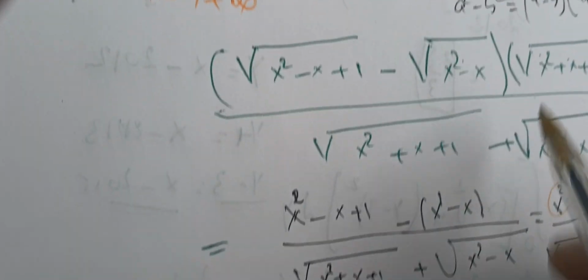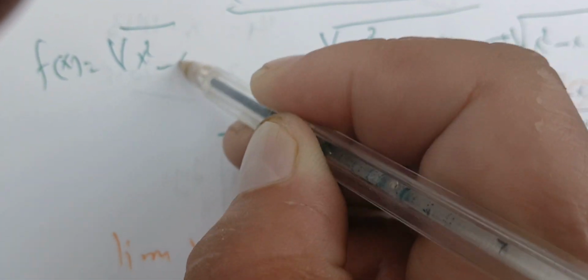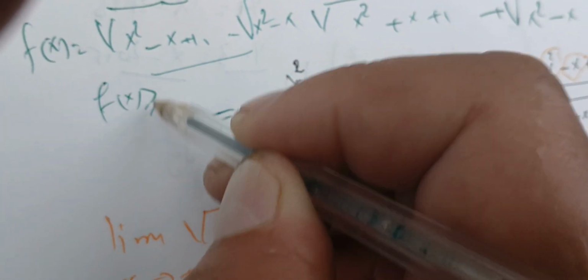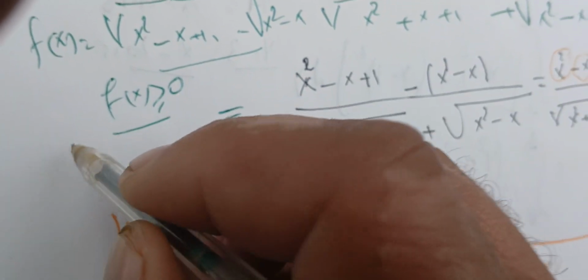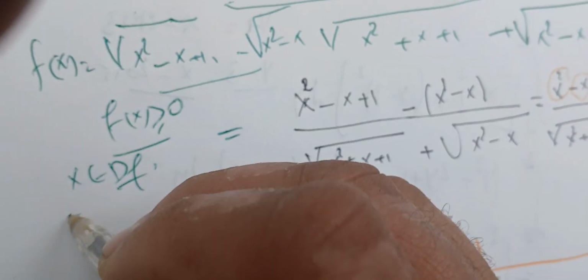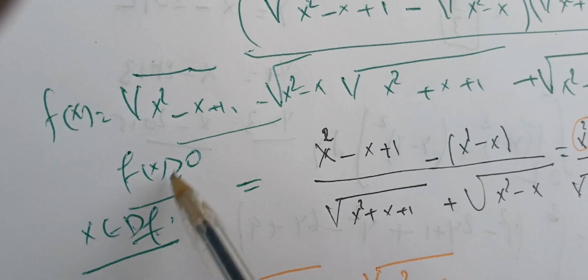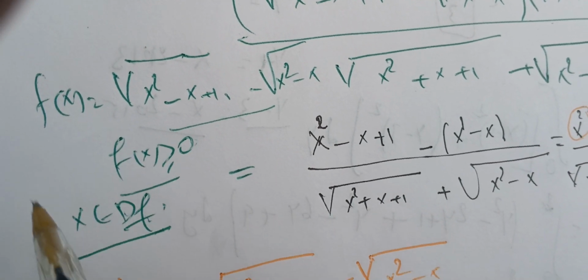So define the following function: f of x is the square root of x squared minus x plus 1 minus the square root of x squared minus x, and show that f of x is bigger than 0 when x is in the domain of f. So we need to find the domain, and you need to prove that f is positive.